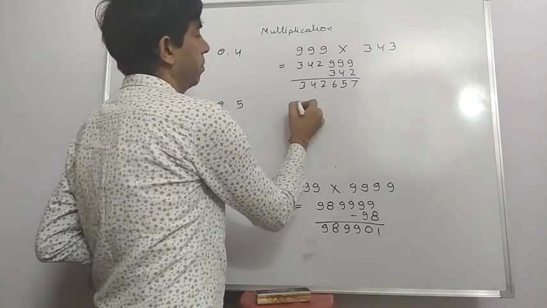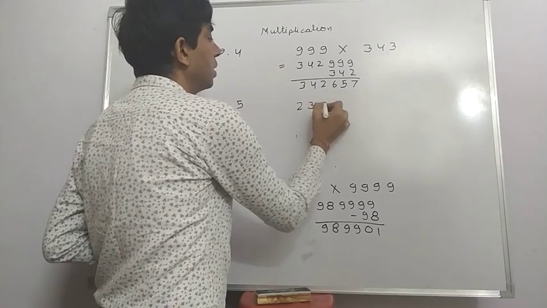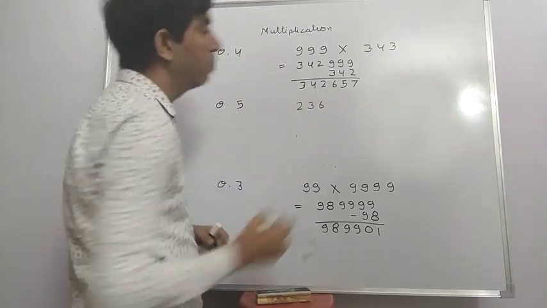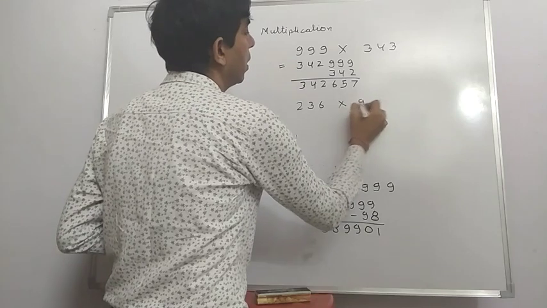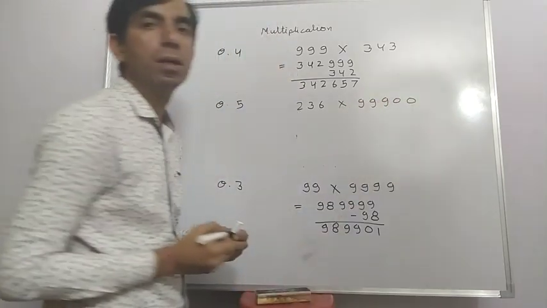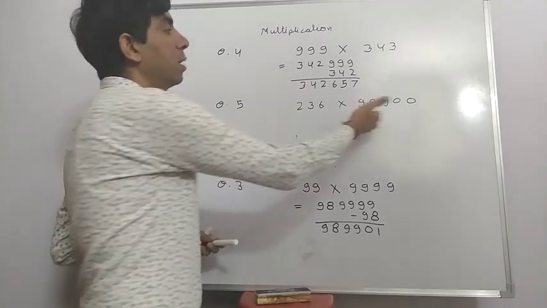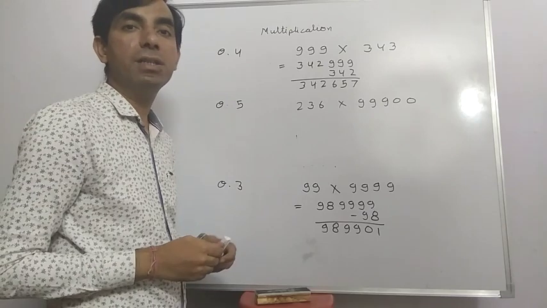But sometimes, 2, 3, 6 multiply 99900. Some students think we cannot multiply this because the number is not made of only 9 digits.